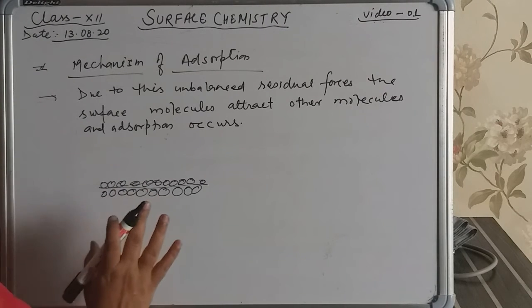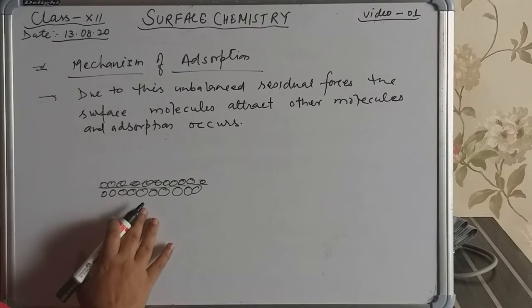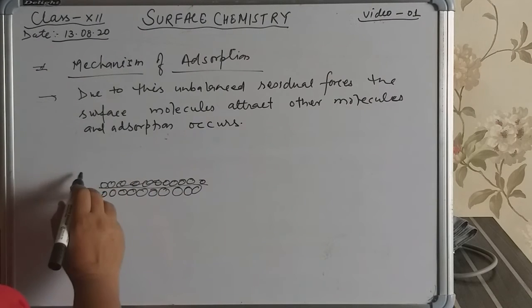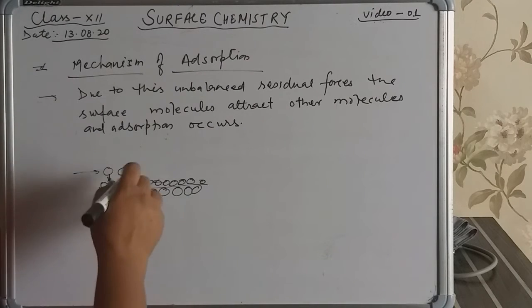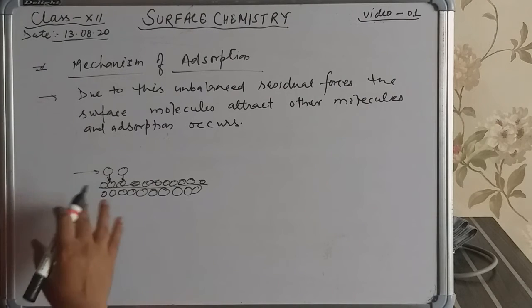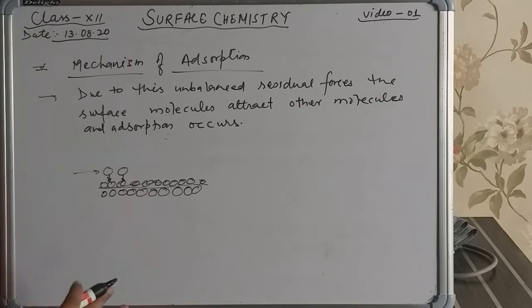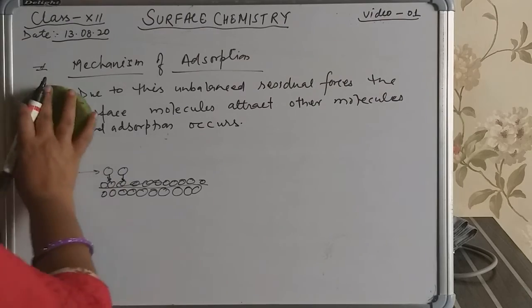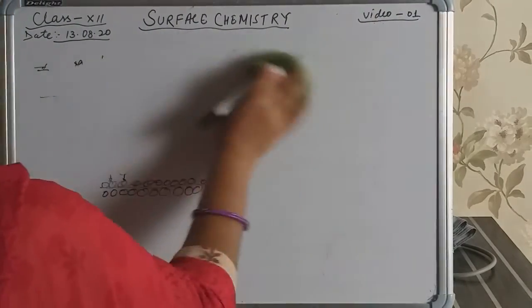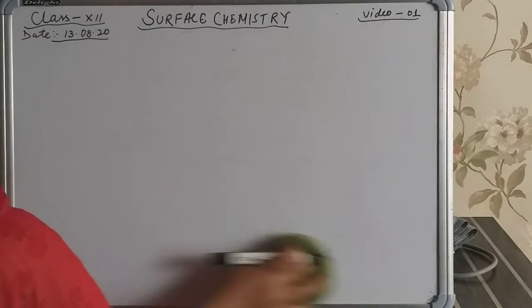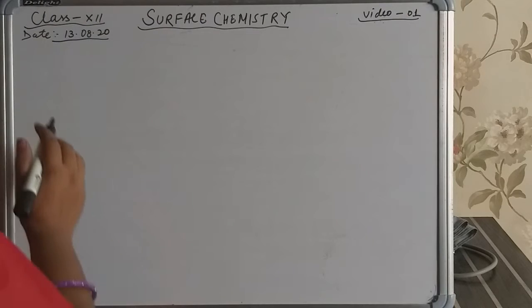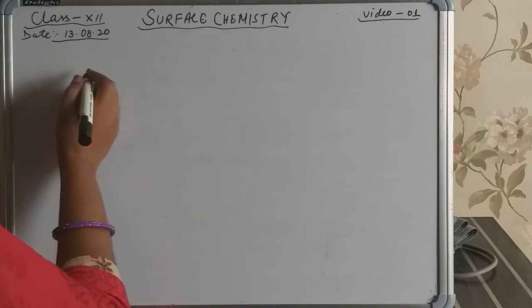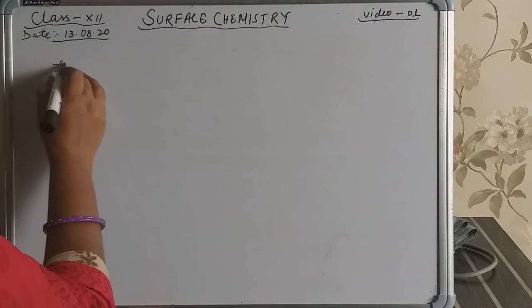This attraction is unbalanced. Due to this unbalanced residual force, the surface molecules attract other molecules, and adsorption occurs. This is the phenomenon of adsorption, which takes place at the surface of the substance. Let's discuss the thermodynamics of adsorption.